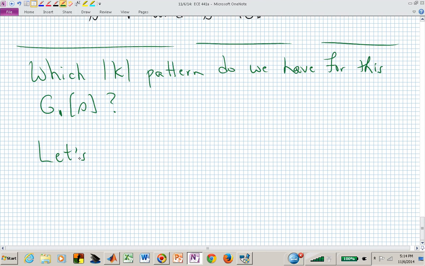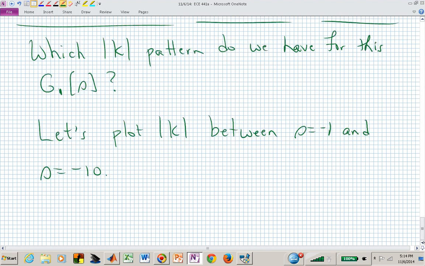To determine that, let's go ahead and plot the magnitude of k between s equal minus 1 and s equal minus 10.